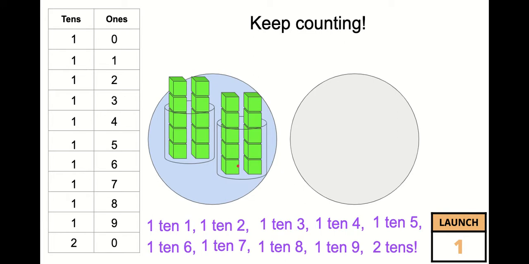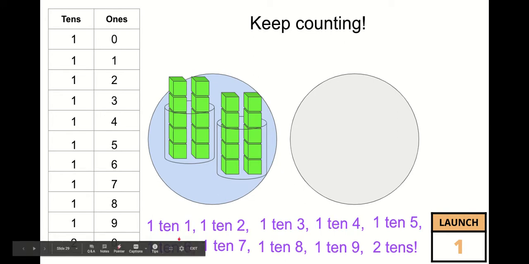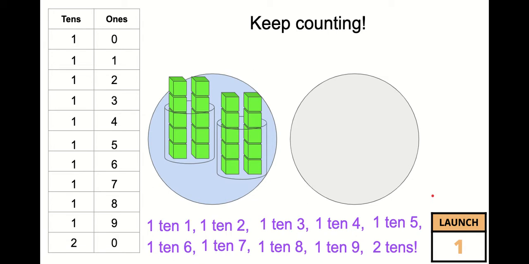What's one ten 2 the same as? One ten 2 is the same as saying 12. What about one ten 5? Tell someone next to you. One ten 5 is the same as saying 15.